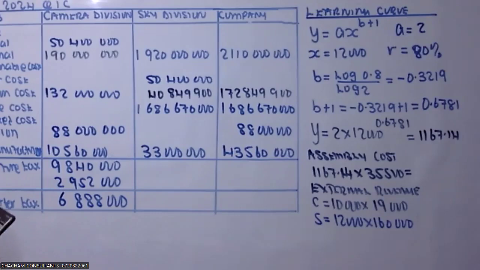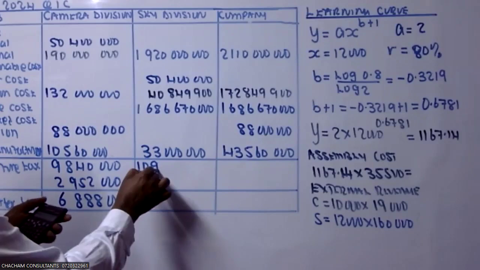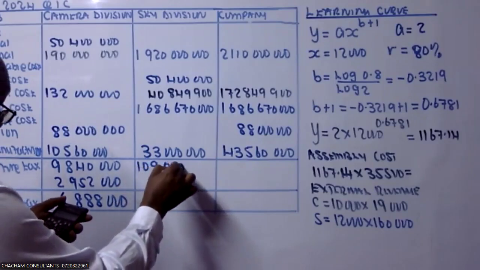Ukikuja kwa hii ingine ni 1,920,000,000 minus... confirm whether you are getting 109,080,000.